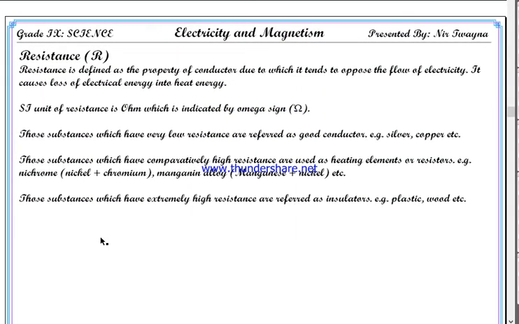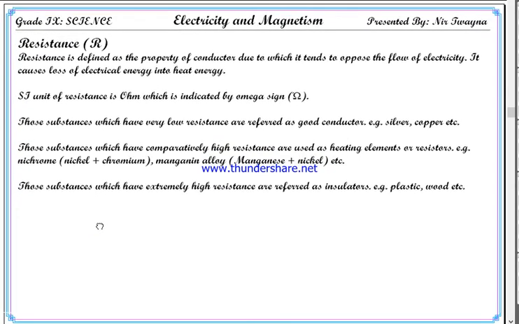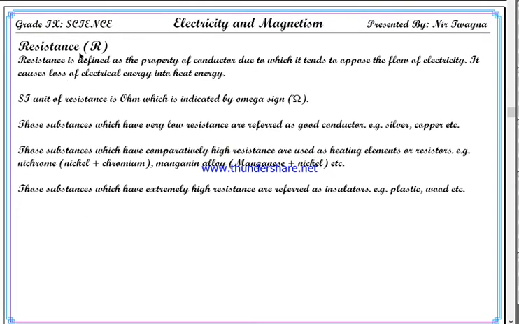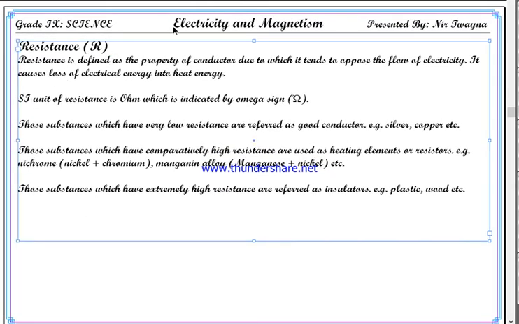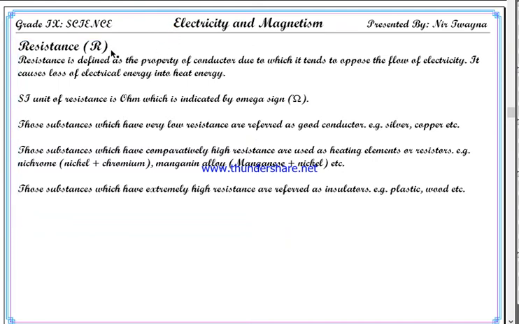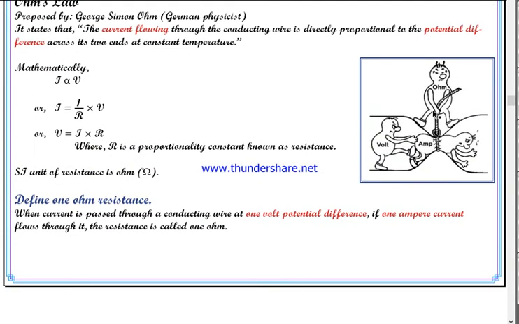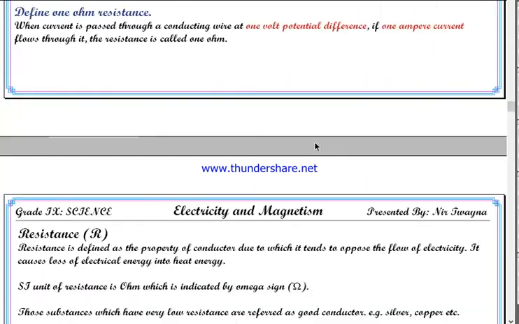Well, you pretty much have already understood what resistance is. Resistance is a factor or property of a conductor which tries to oppose the flow of current through it. The factor which does not let the current pass through it, that is resistance.